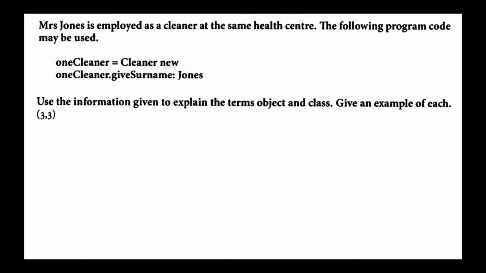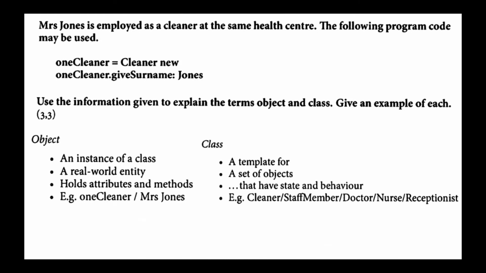An object is an instance of a class, a real-world entity, which holds attributes and methods. So that's the one cleaner or Mrs. Jones. A class is a template for a set of objects that have state and behaviour. So cleaner, staff member, doctor, nurse and receptionist.